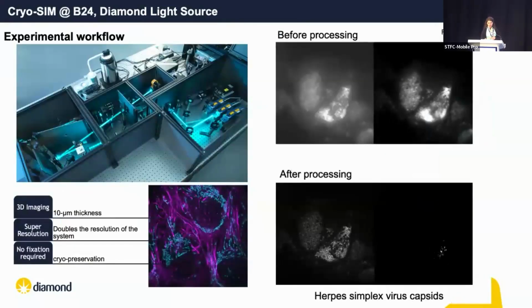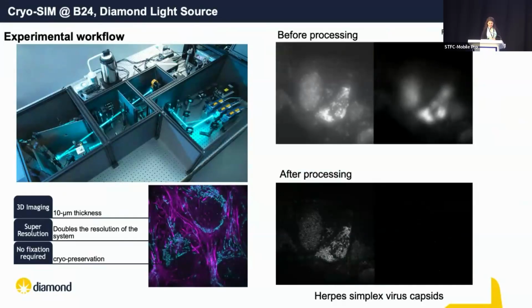As I mentioned before, we also have another microscope offline, which is a cryo structured illumination microscope, which provides quite high resolution, comparable with the resolution that we get from the soft X-ray data, which is usually around hundreds of nanometers.